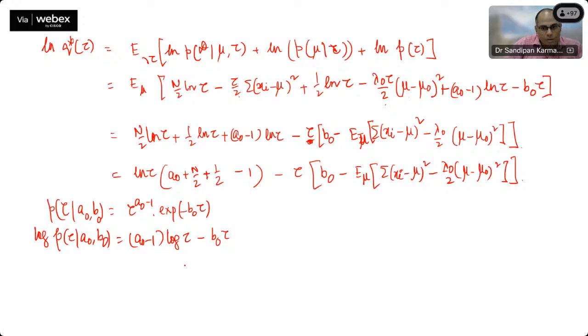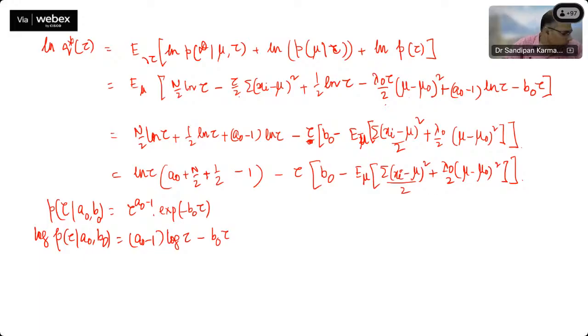Here I think I have made a mistake: it will be half here, and this will be plus, this will also be plus, and this will be half.